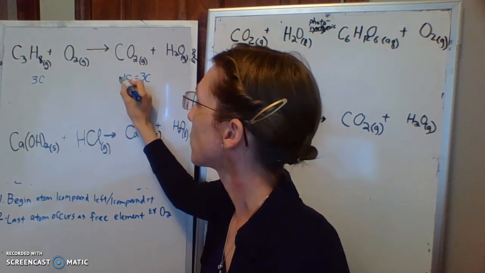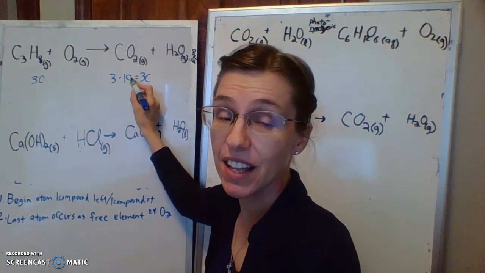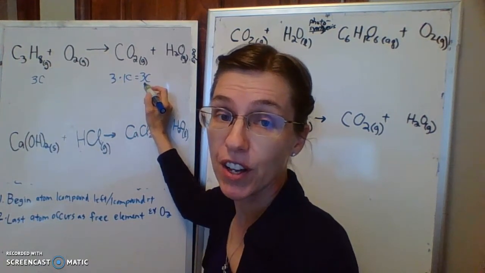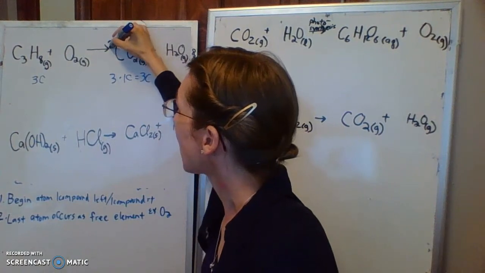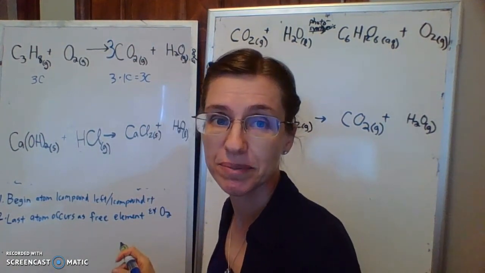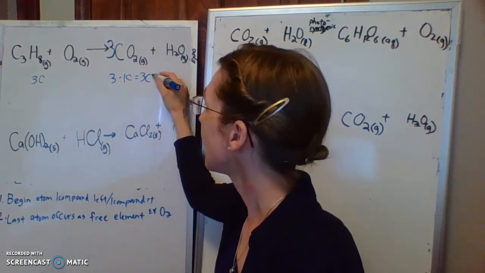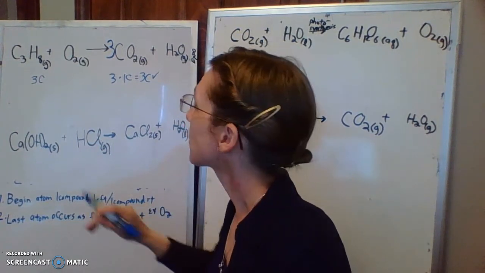The way we can do that is we multiply this by 3. So we have 3 carbon dioxides. 3 carbon dioxides would give us 3 carbons. So if we multiply this by 3, that is our coefficient. Okay. Now we have 3 carbons on that side, 3 carbons on this side. In fact, it does balance. Check, carbon's done.